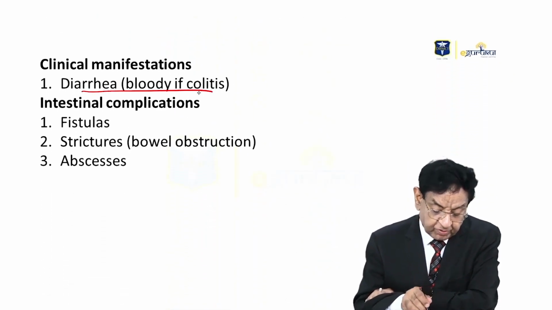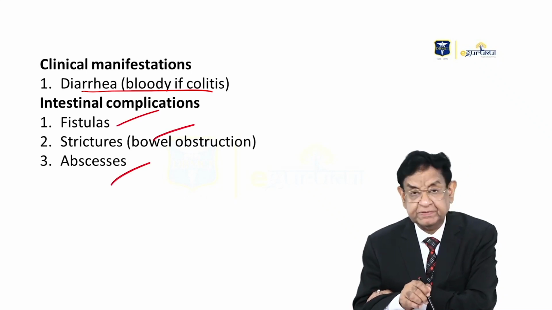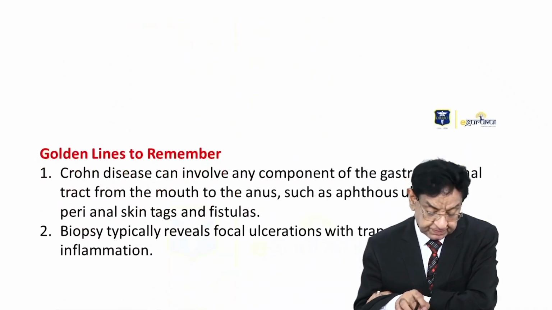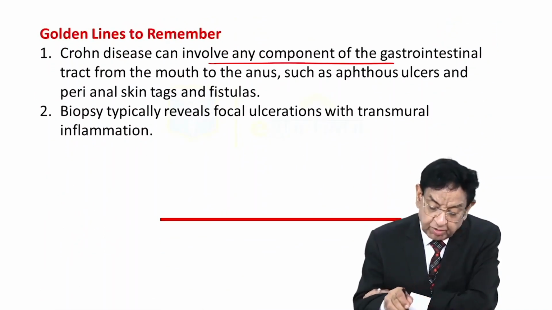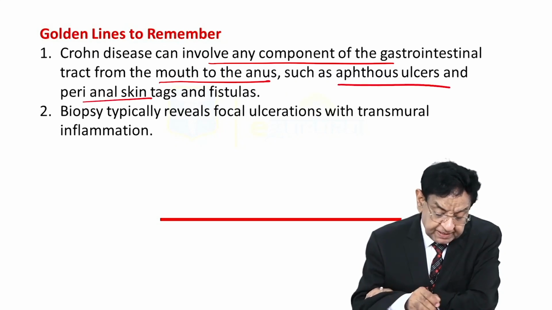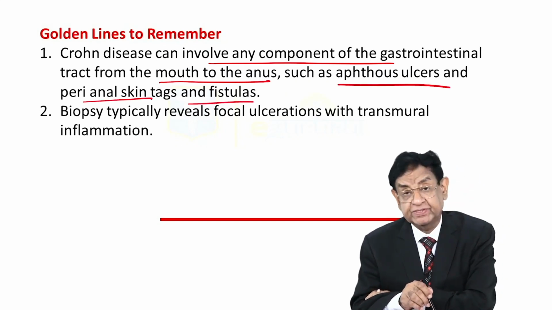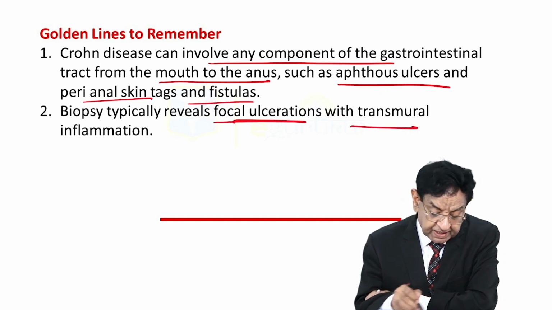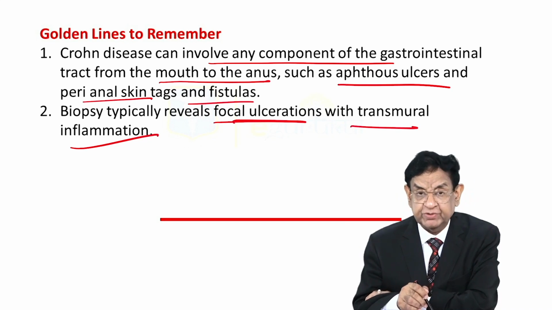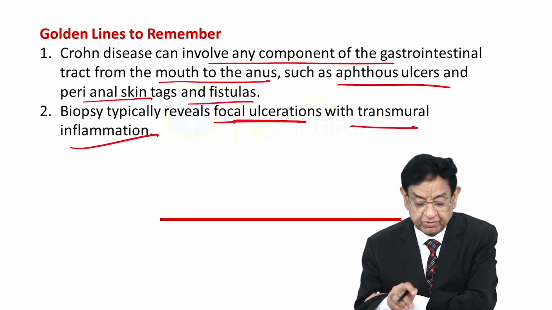Diarrhea, bloody if colitis is there. Intestinal complications: fistula, stricture, abscess. Golden line to remember: Crohn disease can involve any component of GIT, mouth to anus, aphthous ulcer, perianal skin tag and fistulas. Biopsy shows focal ulceration and transmural inflammation, and you get non-caseating granulomas.